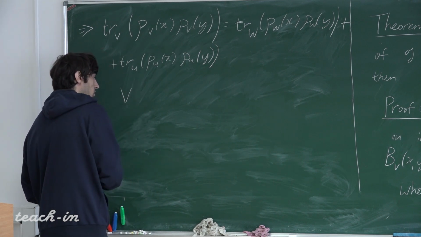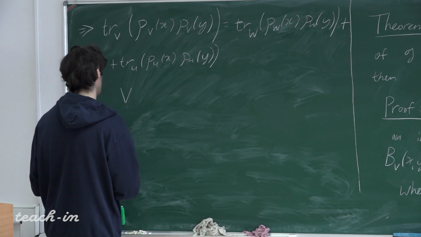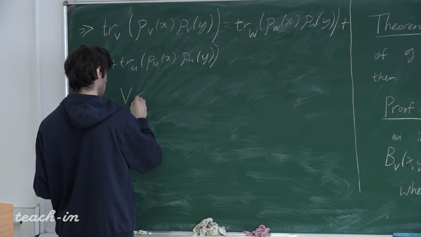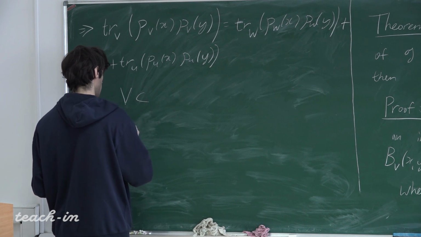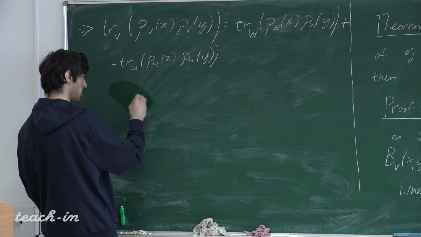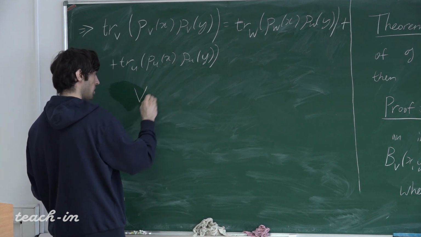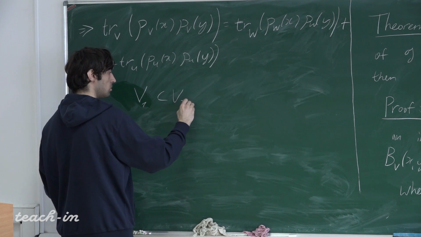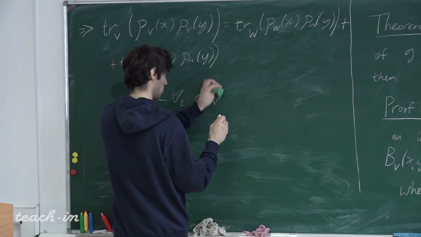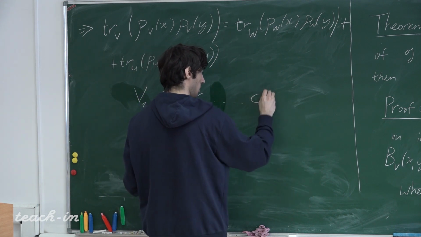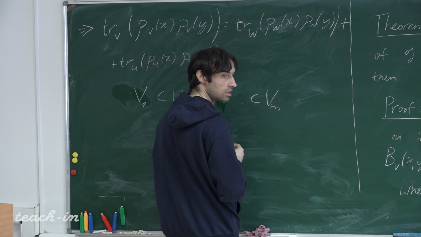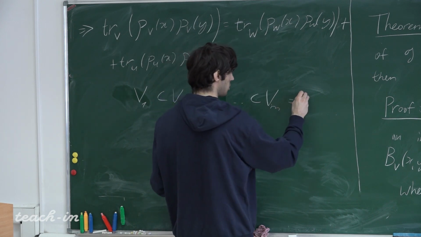We have V, and inside V we have a chain of inclusions of representations: V1 inside V2, and so on, up to some Vm, and Vm is actually V.